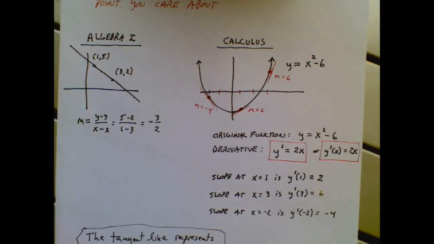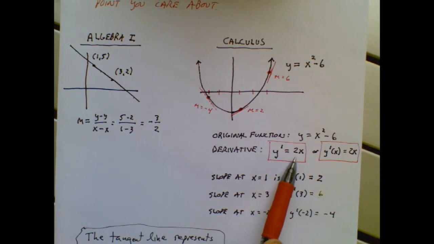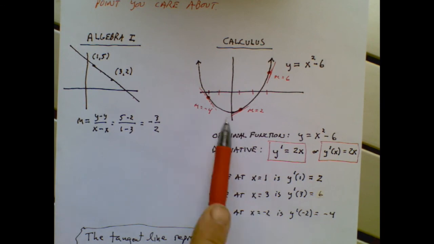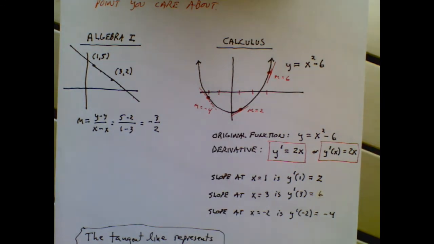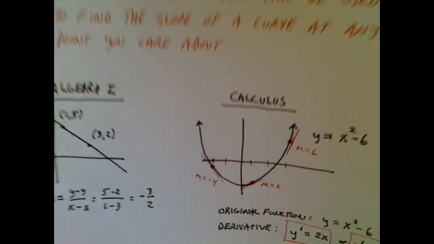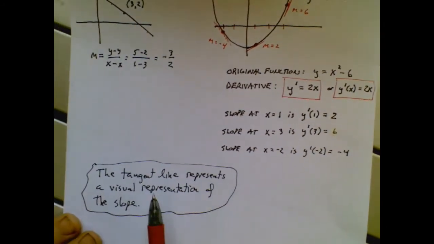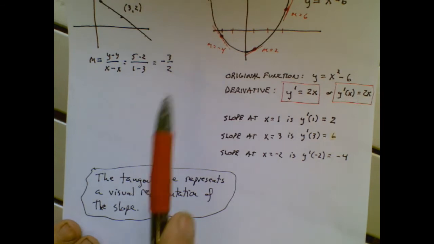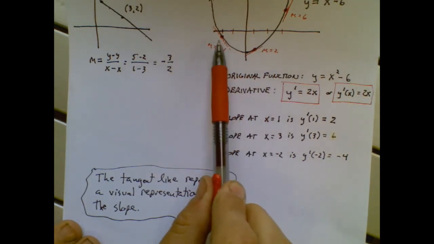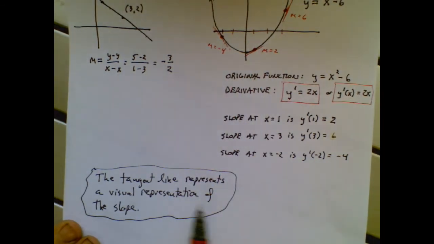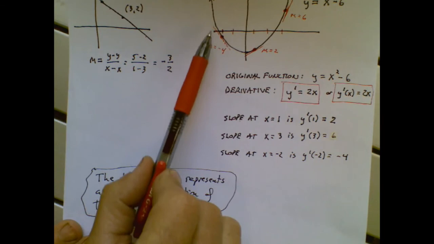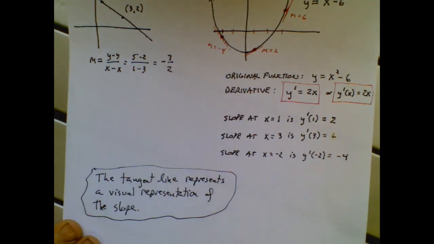So the derivative is simply a formula or an equation that will give you the slope of a curvy function at any point you care about. And remember, if you just draw a little tangent line, like you see here, or a little bit off the screen here, that tangent line is a visualization, a way to represent the slope with just a nice little visual.